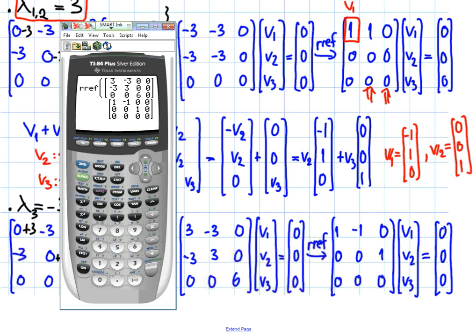We see that there's a 1 here and there's a 1 here.